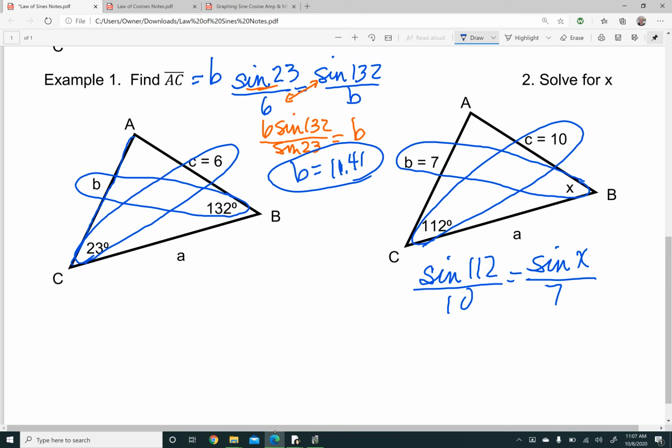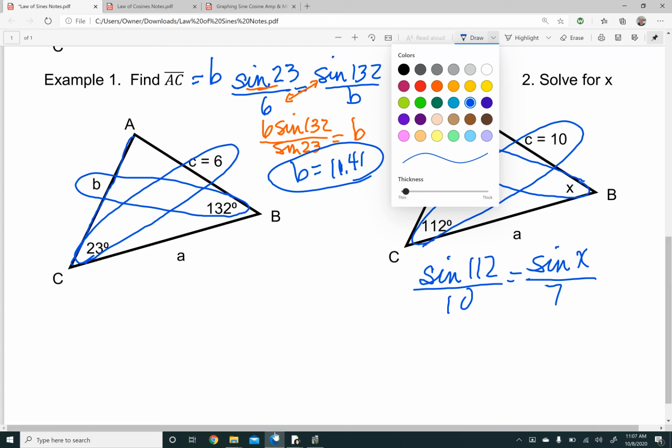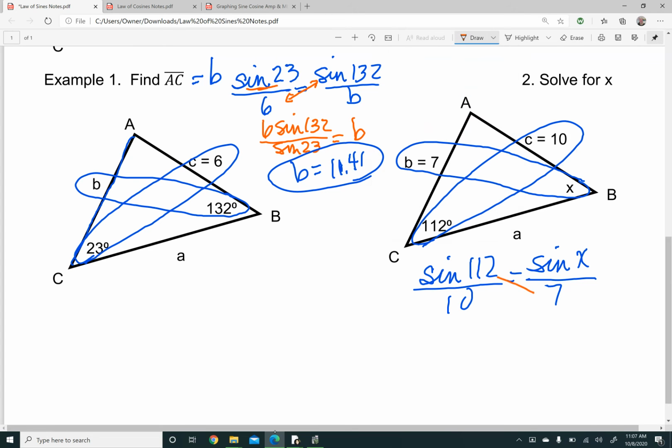So we're solving for this angle. So we're going to cross multiply and divide. You cross the ones you know, you divide by the other. So you get 7 times the sine of 112, divided by 10 equals the sine of X.